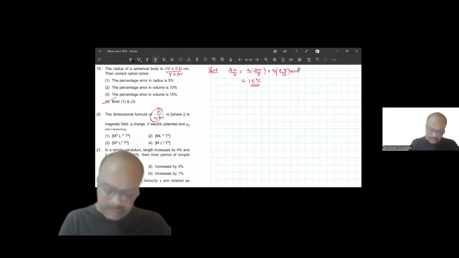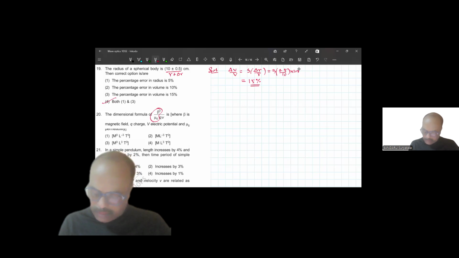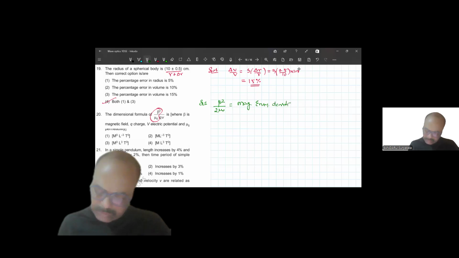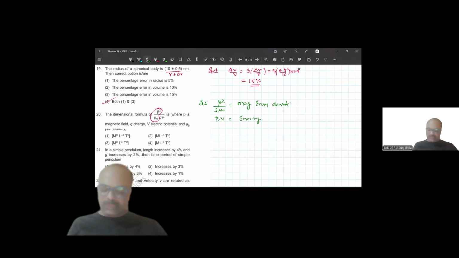This is B square by 2 mu naught, magnetic energy density. This is magnetic energy density. QV is energy. So energy density by energy.